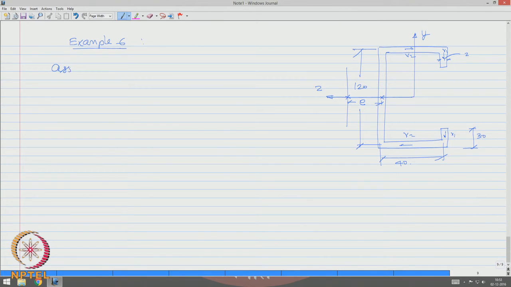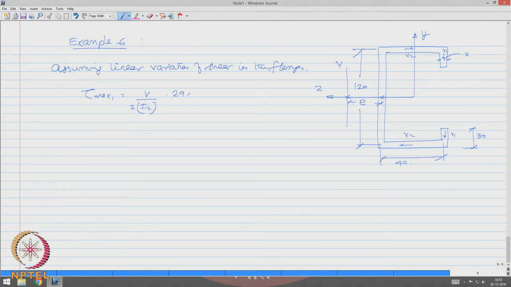Assuming linear variation of shear in the flanges, tau max 1 is, let us say the force V is applied, V by I z, thickness is let us say 2, it is V 80.